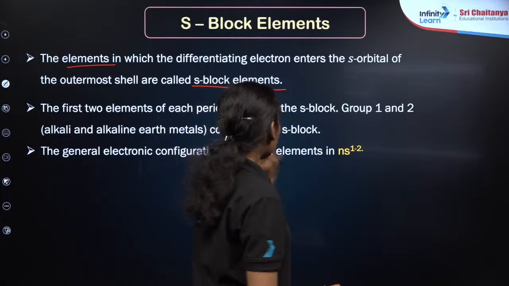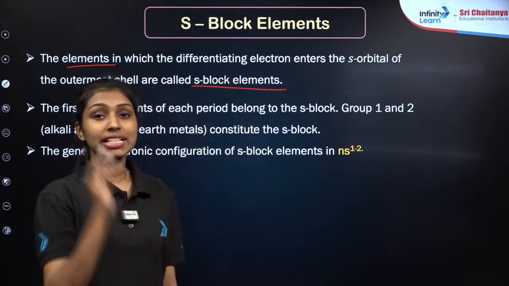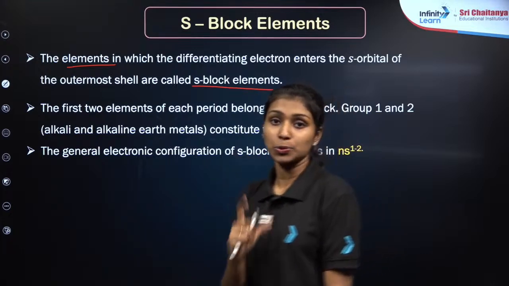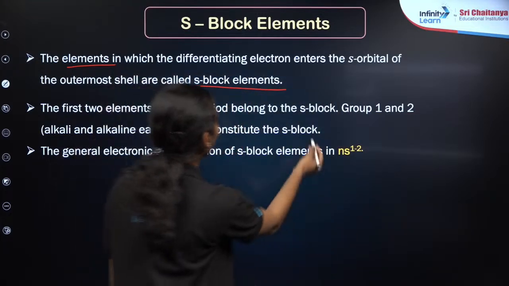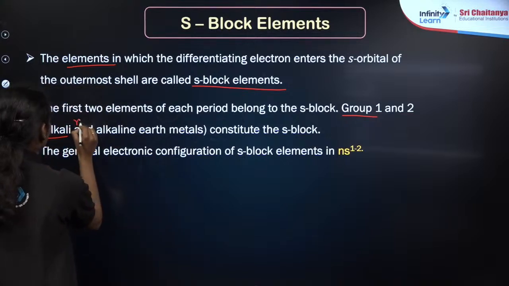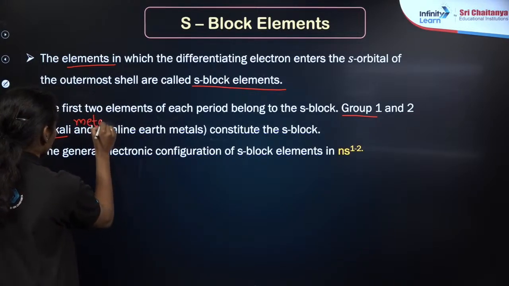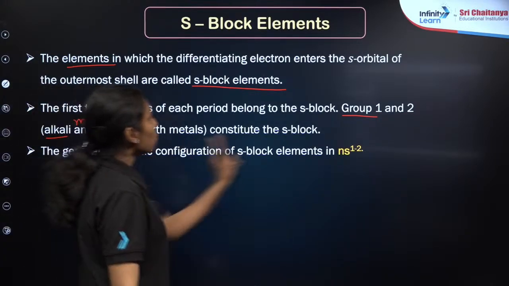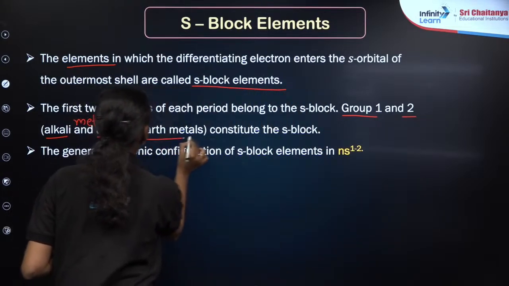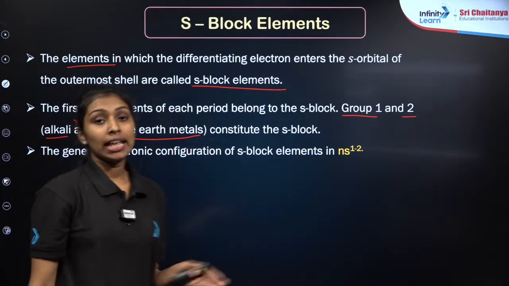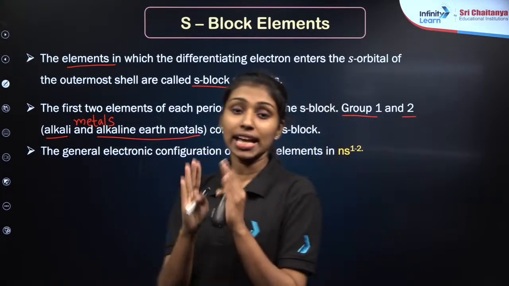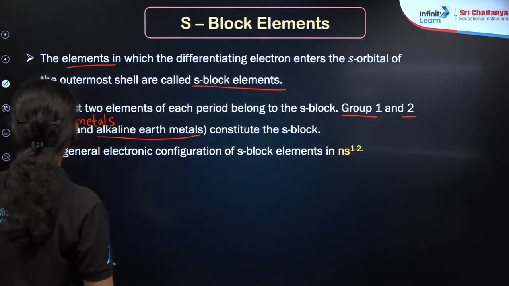In the s block, two groups correspond: group 1 as well as group 2. Group 1 are known as alkali metals, and group 2 elements are commonly known as alkaline earth metals. These alkali and alkaline earth metals constitute the s block elements.